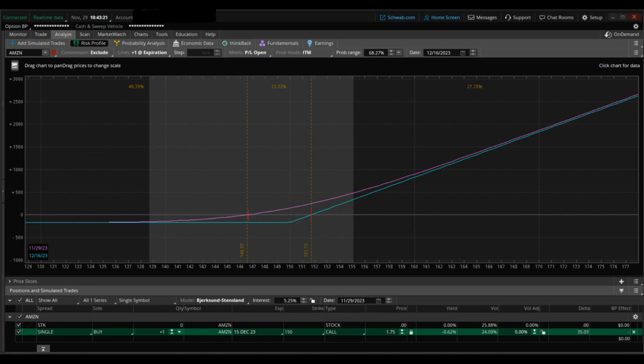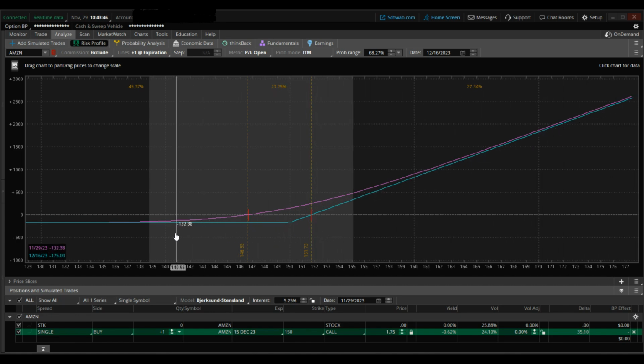Now, why do you want the direction to move in your favor? Because look at the chart. The more Amazon goes up, look how much money. It's unlimited. That line keeps going upwards. It doesn't stop. Your potential profit as a call option buyer is unlimited. And your loss, can you guess your loss before I show it?